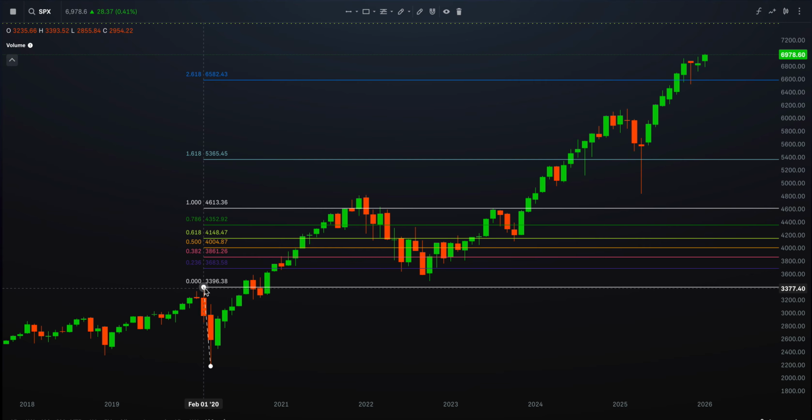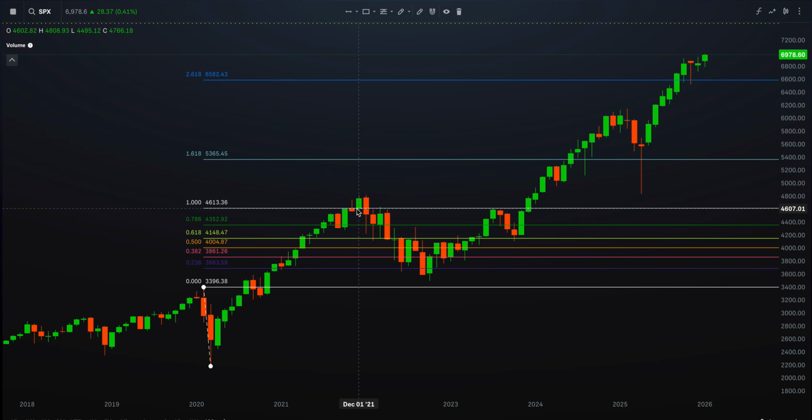We had the major resistance at 4613 on the S&P. If you see the chart here, right after it broke this 4613, it closed just one candle in December 2021 and failed to hold that.